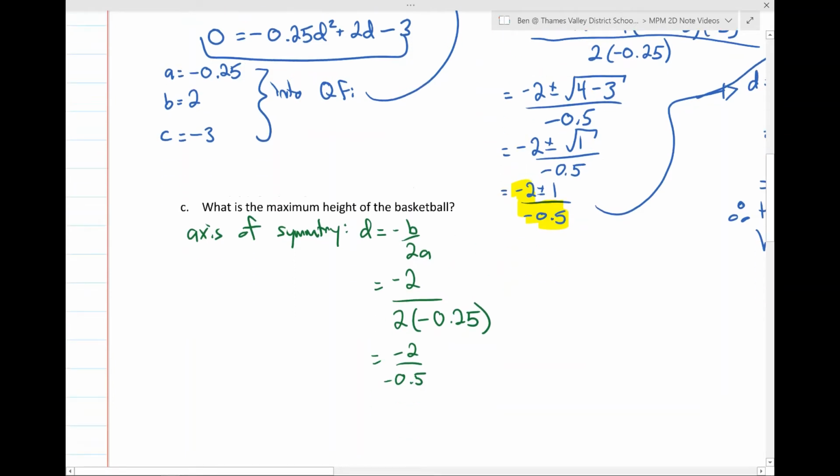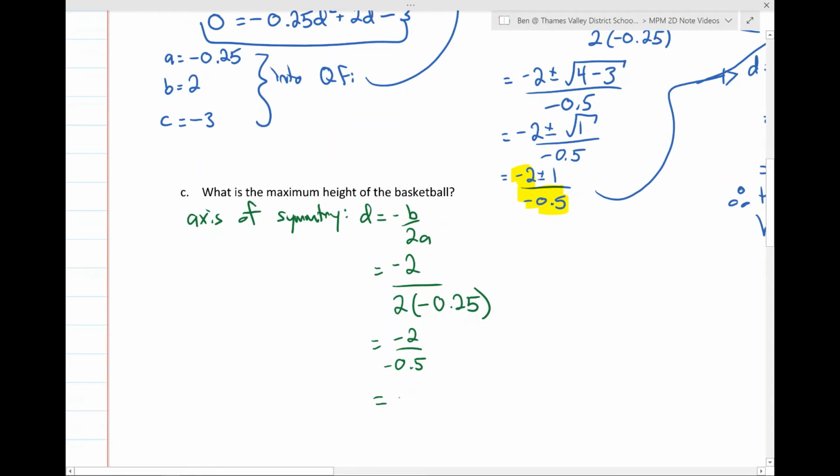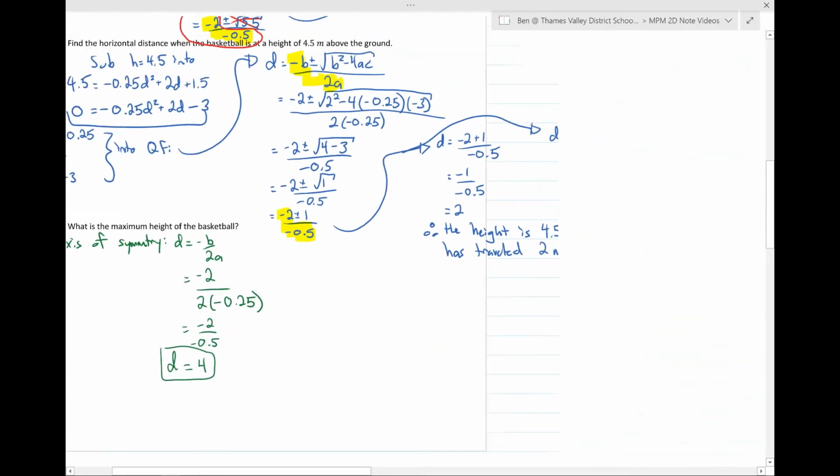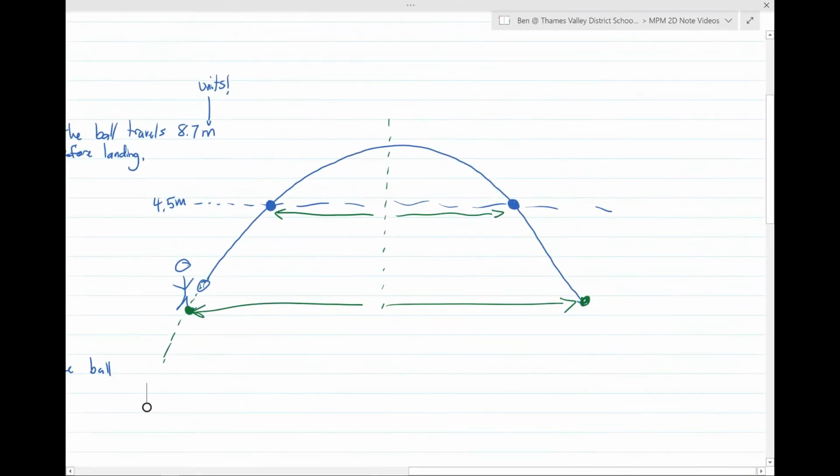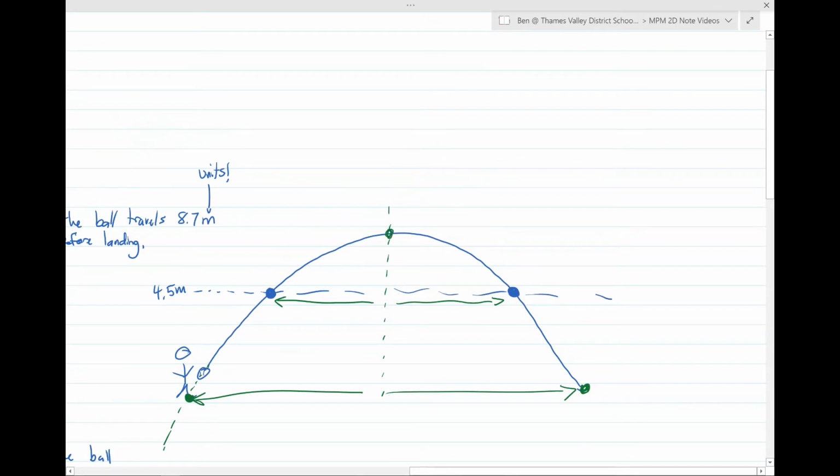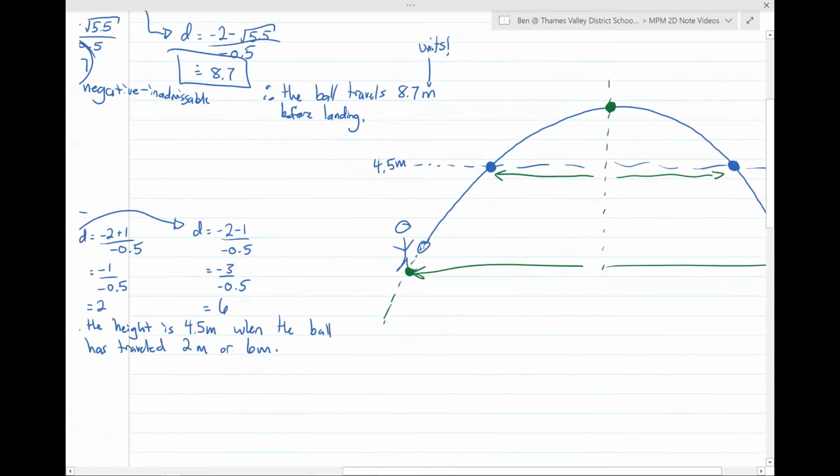So this -2 over negative 0.5, that is positive 4. So where d equals positive 4, that's our axis of symmetry. And we know if we're trying to find the maximum height of this basketball, we can use this axis of symmetry. That's the x-coordinate of our vertex. The maximum height, that'll be the y-coordinate.